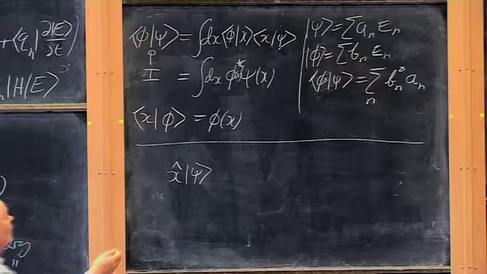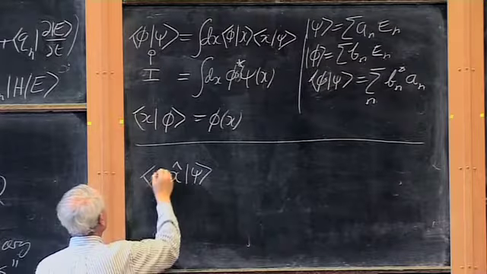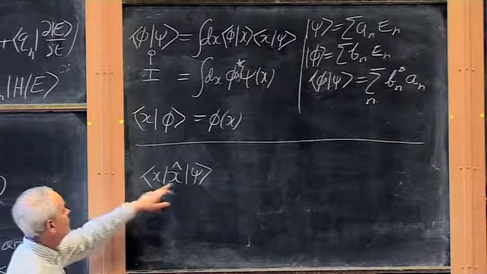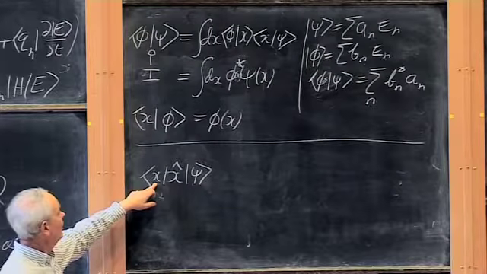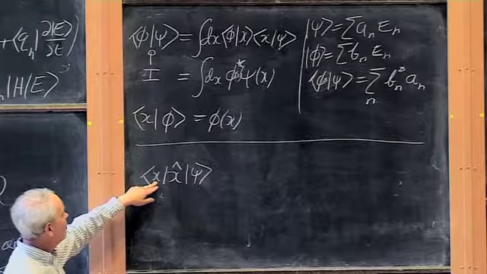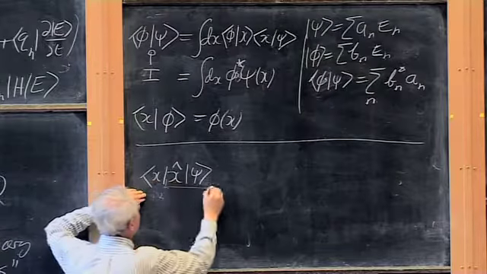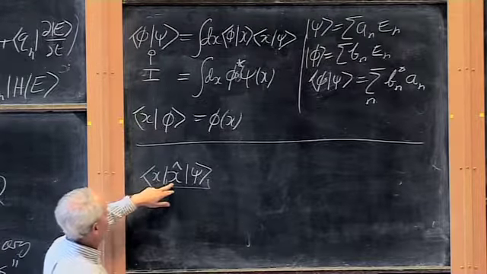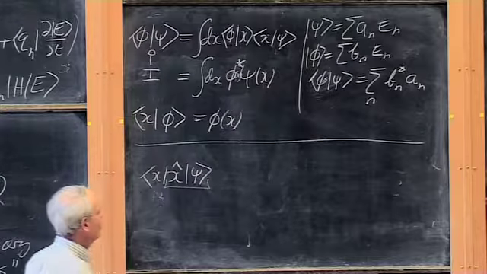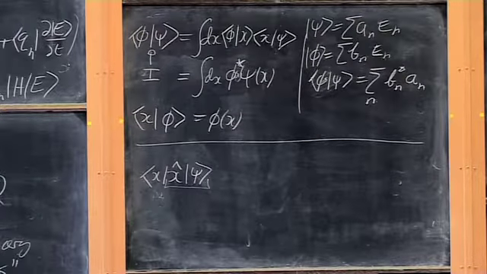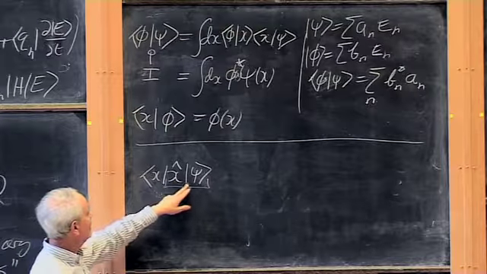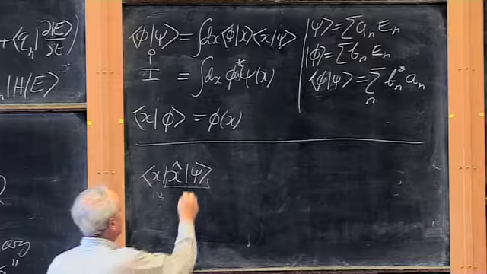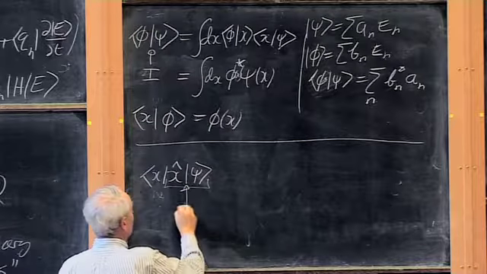That is to say, what is this complex number as a function of x? So here's the operator x, here is an arbitrary value of x. I would like to know what the amplitude to be at x is for this state that you get when the operator x works on the general state psi. When you see an operator x, the obvious thing to do is to stick into here an identity operator made up of the eigenfunctions of x.